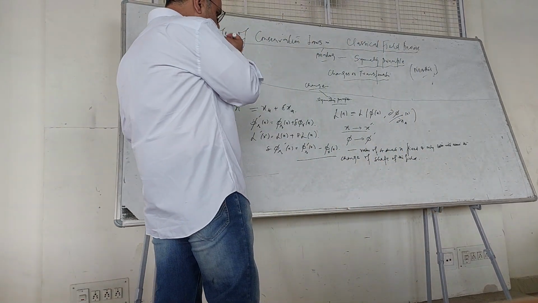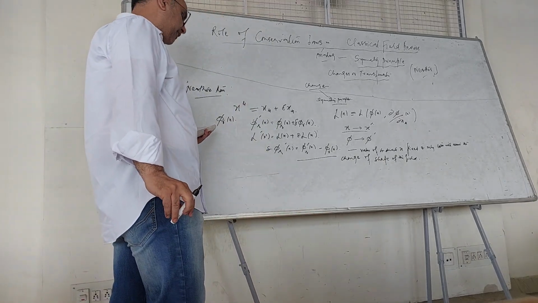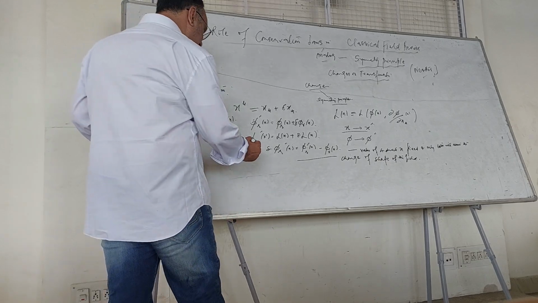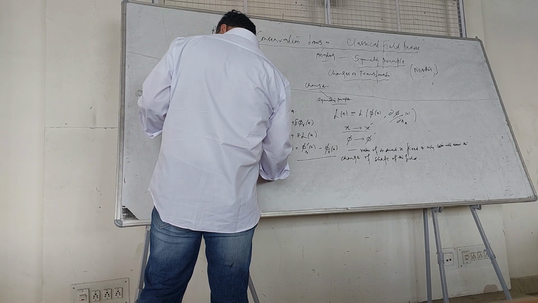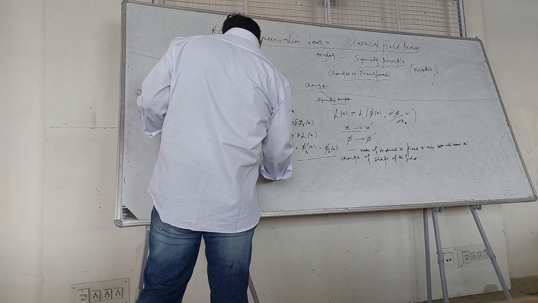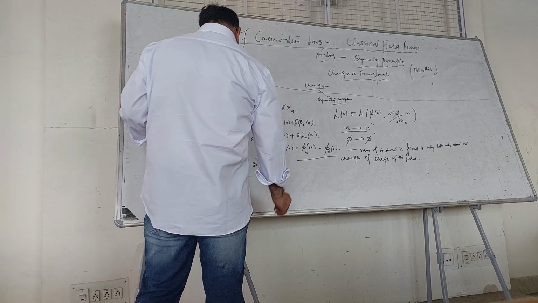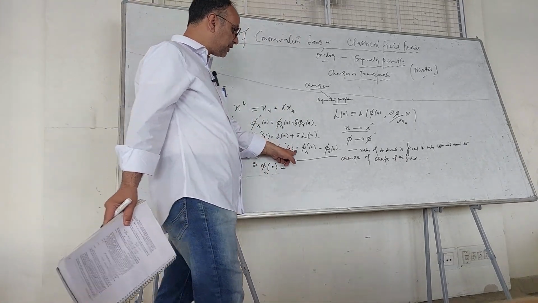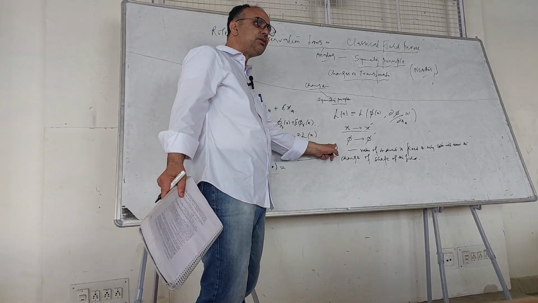Now we have two sorts of variations that we have to take into consideration. For example, if we change coordinates, you can relate the variations like this. This is delta phi r, an infinitesimal change going from this to this.